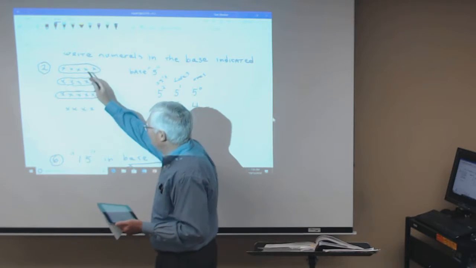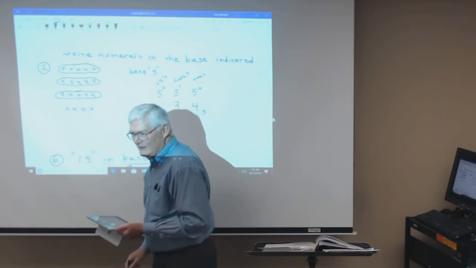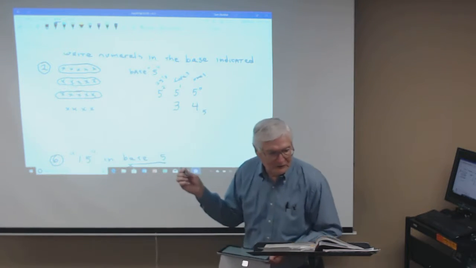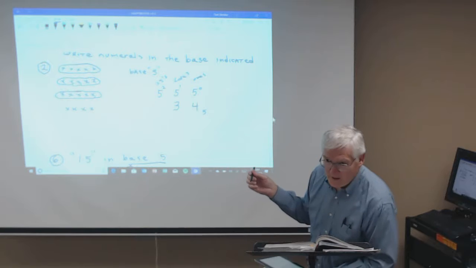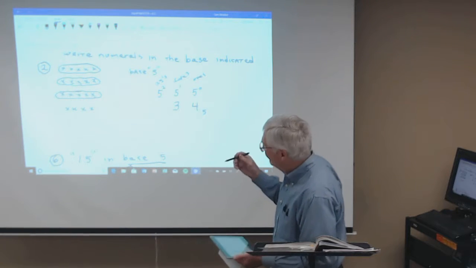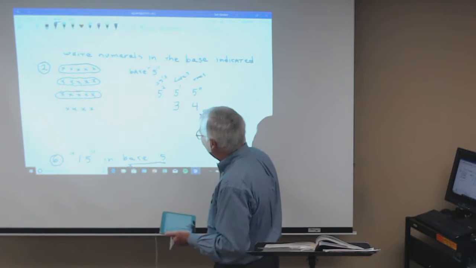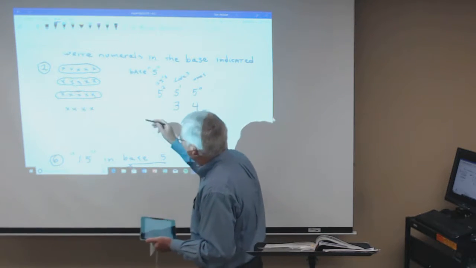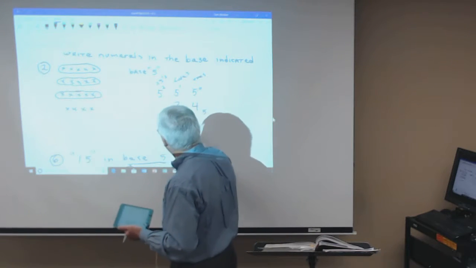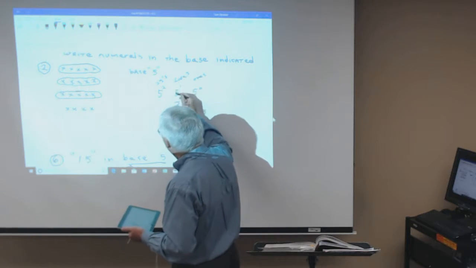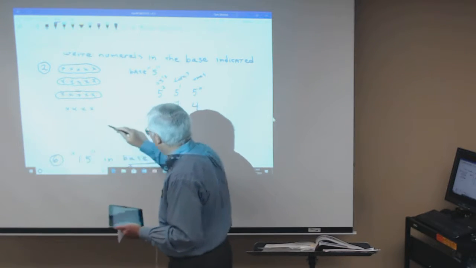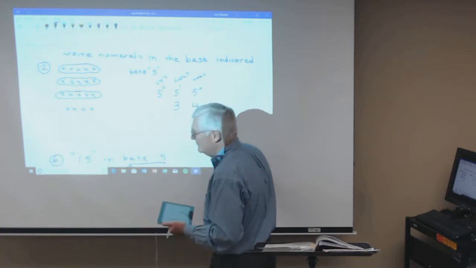And we have 3 groups of 5. I know the book shows it differently. It shows a group of 3, but I thought that could be confusing because if I said 3, 3, you might not know which 3 is what. So these 3 make up the 3 groups of 5, and these 4 are 4 ones.